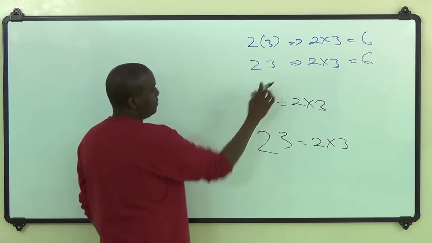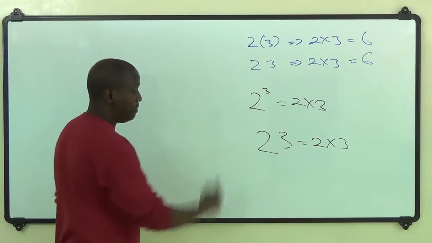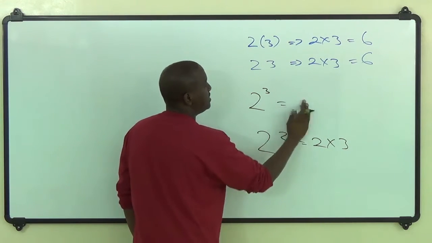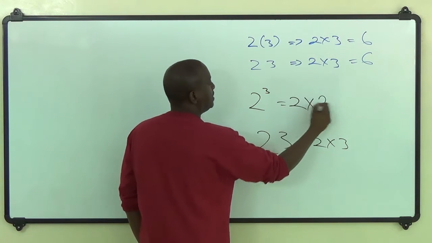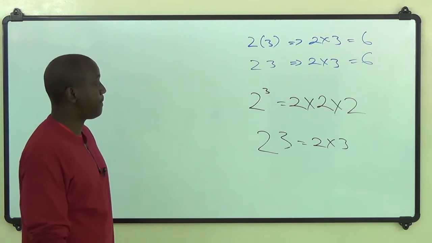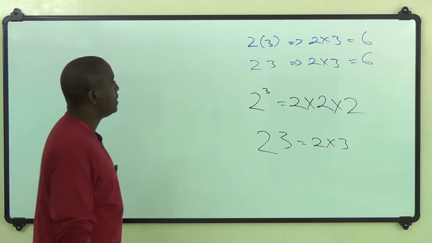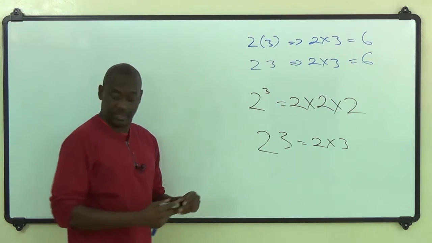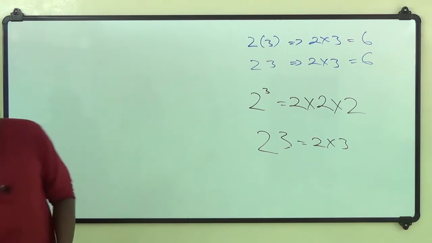2 with a small 3 up in the corner is not 2 multiplied by 3. That is 2 to the power of 3, which is 2 multiplied by itself 3 times. All right? 2 multiplied by 3 is 6.